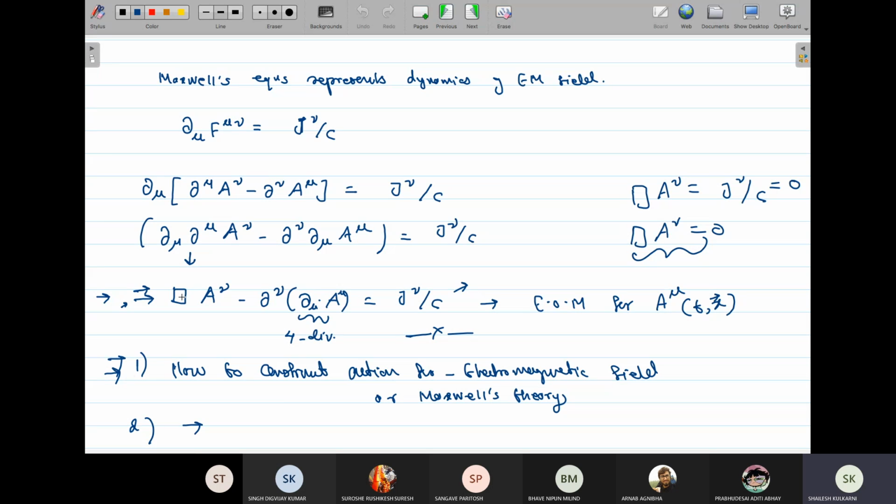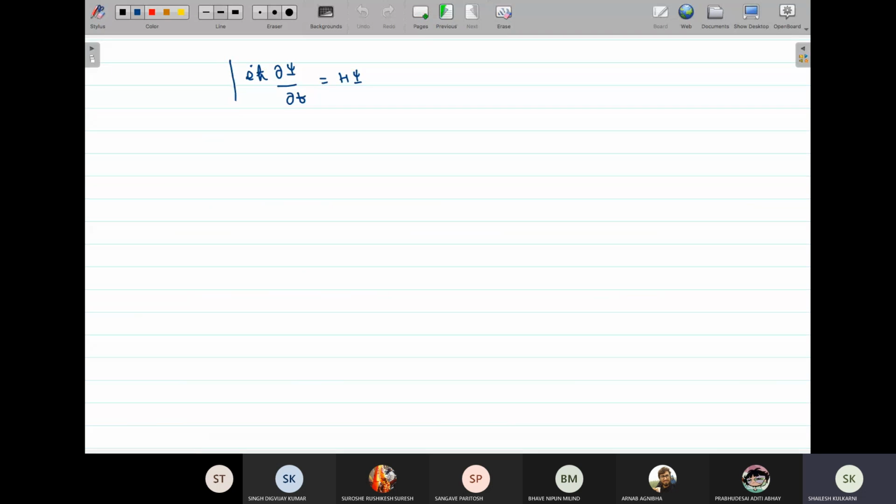Firstly, one has to understand the problem with this equation itself. When I take into account special relativity, one should give the escape route.